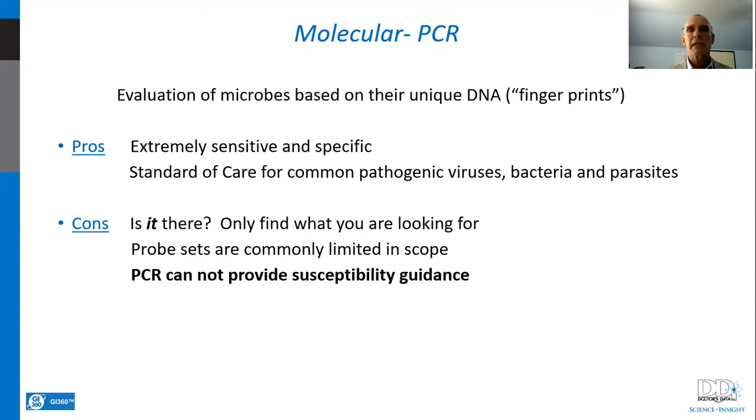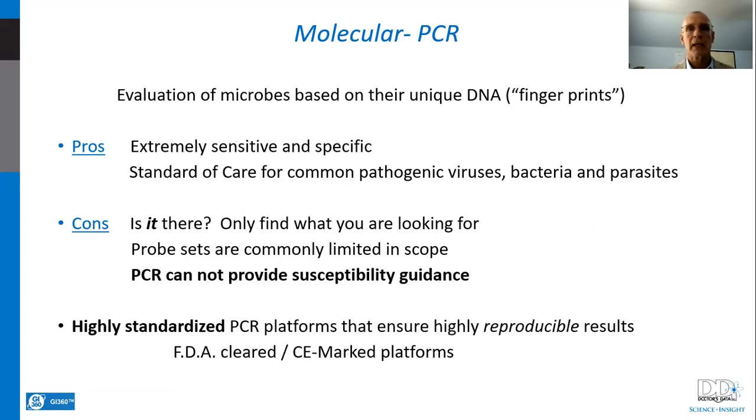So the cons: PCR is awesomely sensitive. Problem is, it asks the question, is it there? In other words, you're only going to find what you have a PCR probe for. The probe sets are often commonly very limited in scope, and very importantly, PCR cannot provide susceptibility guidance. That requires viable organisms, not just pieces of DNA.